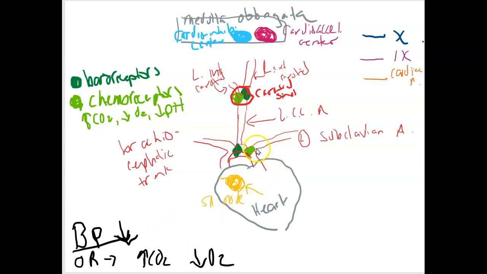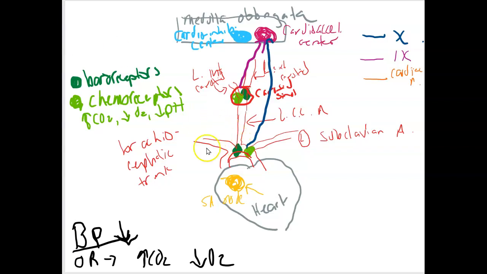And technically, could you have everything happening? Yeah, you could. So what's going to happen is we need to get this information up to the medulla oblongata. So my vagus nerve's job is to carry this information from the aortic arch. So it's going to come right up to the medulla. We also know that cranial nerve 9, my glossopharyngeal nerve, is responsible for carrying that chemoreceptor information up from any chemoreceptor that's in the carotid sinus.